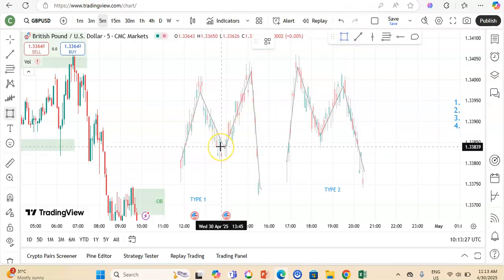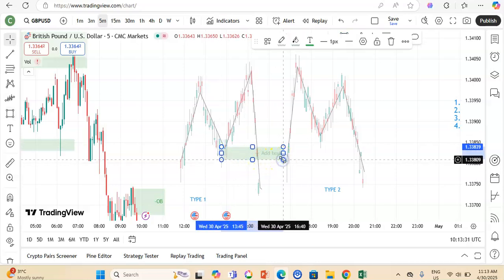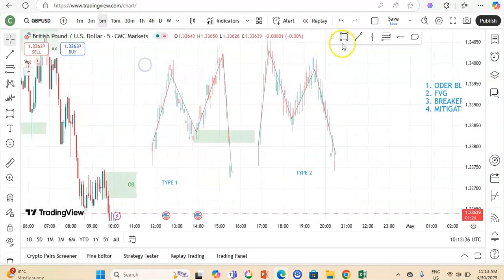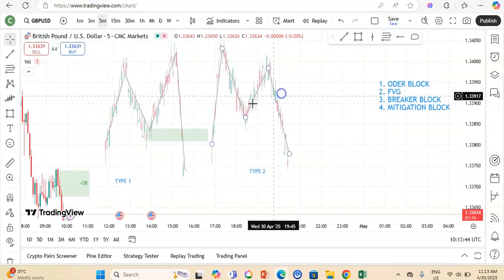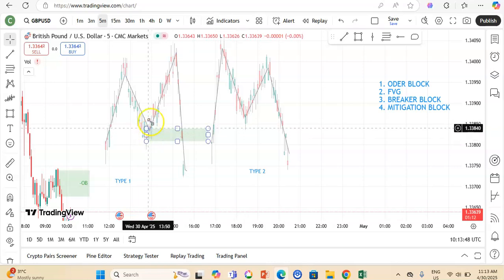Let's say something like this now. Do you see it? If it is type 1, it is what? Mitigation block. But if it is type 2, it is called what? Sorry. I've misled you.